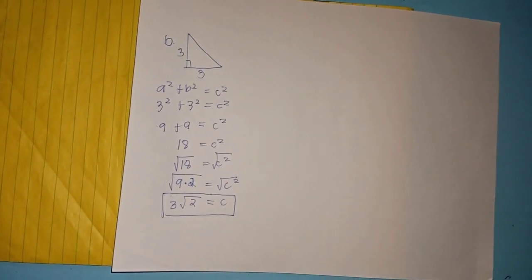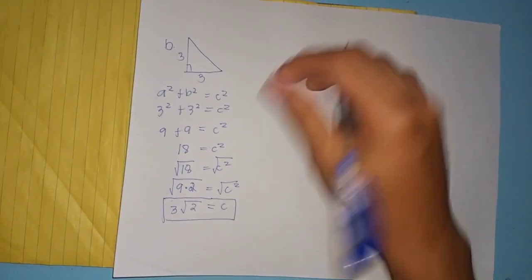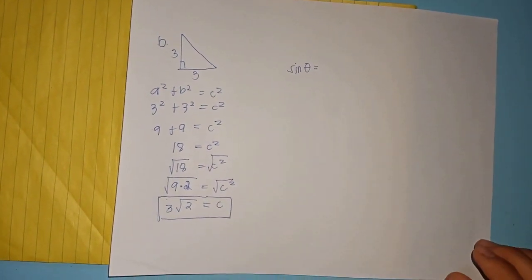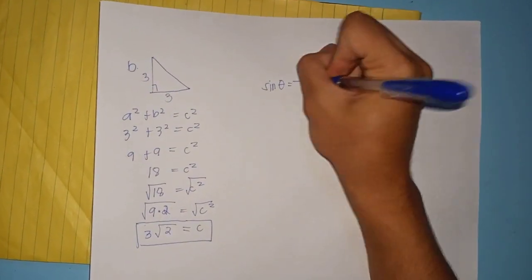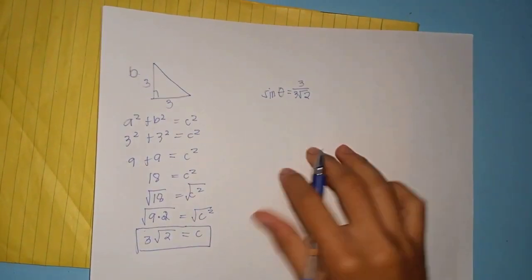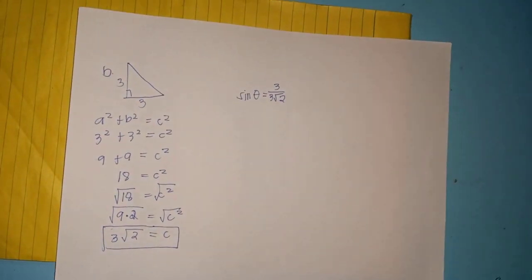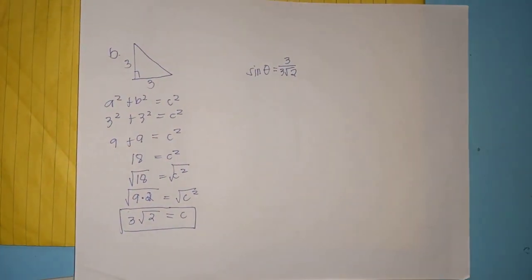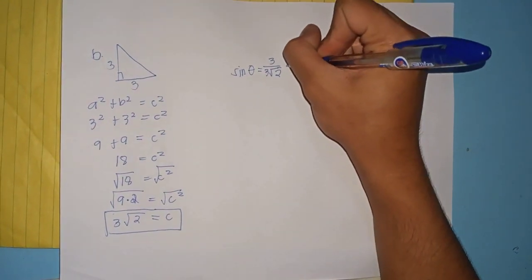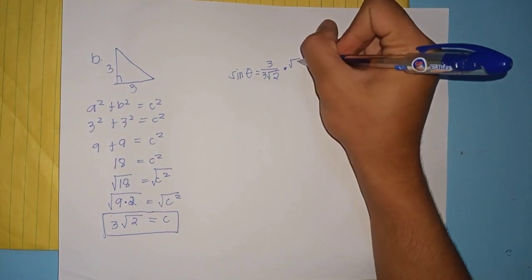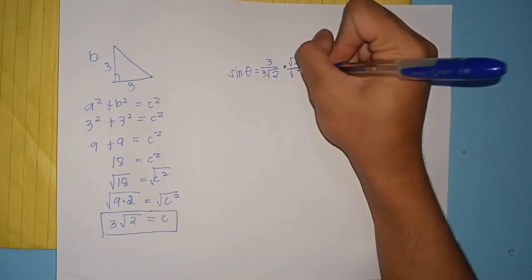Next we find the trigonometric functions. So we have here sine theta, which is 3 over 3 square root of 2. Since a radical in the denominator is not allowed, we need to rationalize. So multiply both the numerator and denominator by square root of 2.